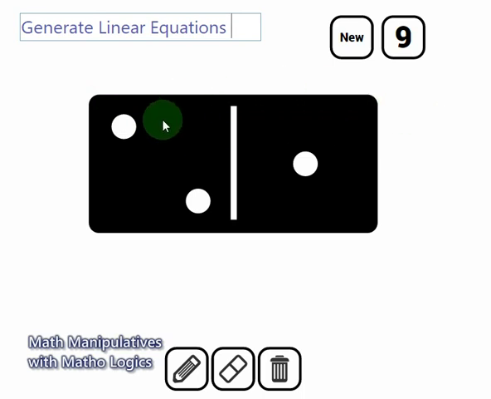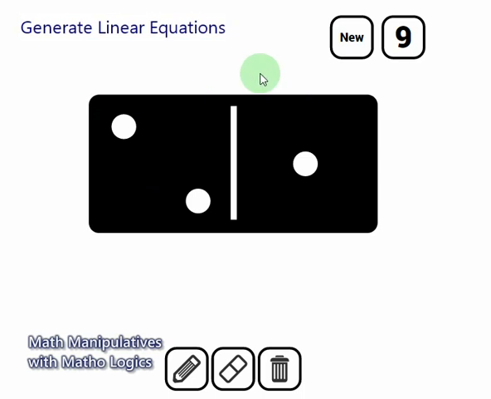So let's say the right side of this domino represents a coefficient of y, and the left side of this domino represents the coefficient of x, right?